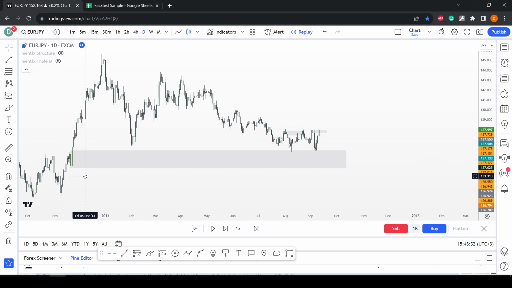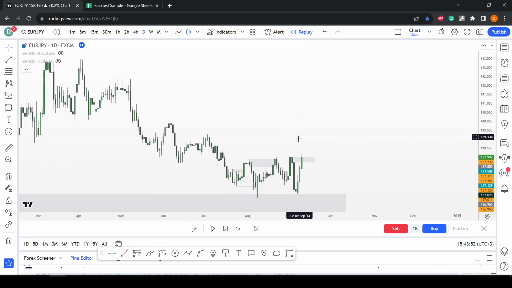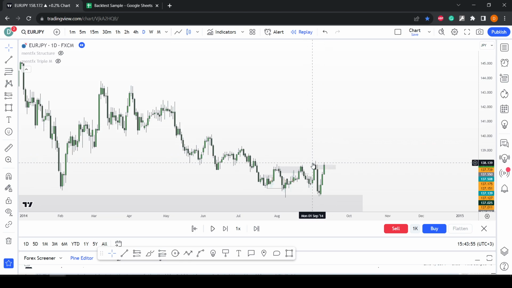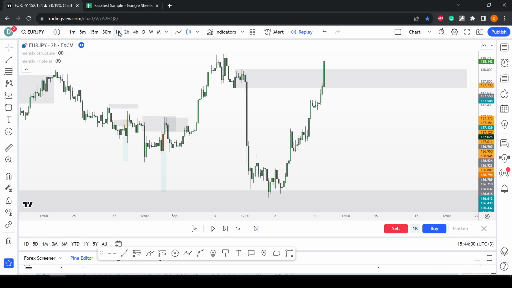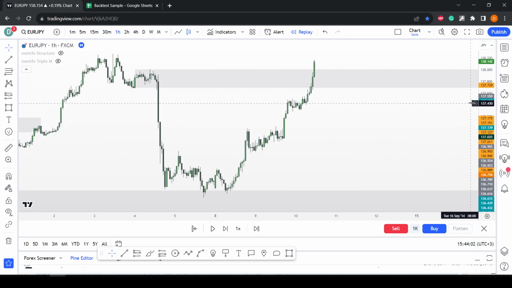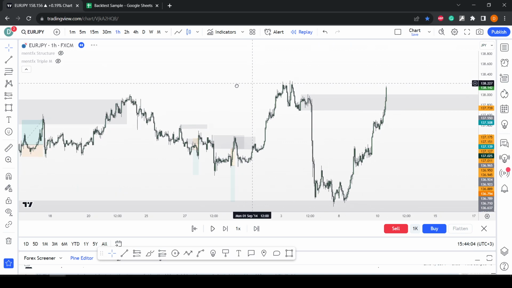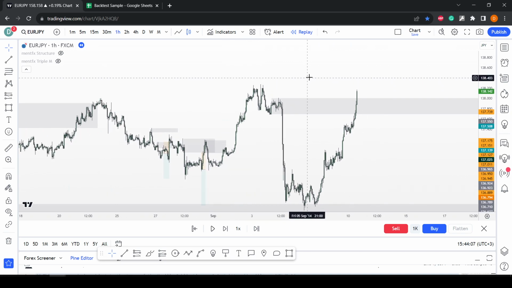And why it's interesting, because if we take a look at this refinement, then it was mitigated by this small candle, and this was actually the last unmitigated zone here, refined from weekly. So now maybe we will see some break to the upside. So again, our main time frames are 4 hours and 1 hour, and at the moment it is pretty bullish and it seems like it wants to break this high now.